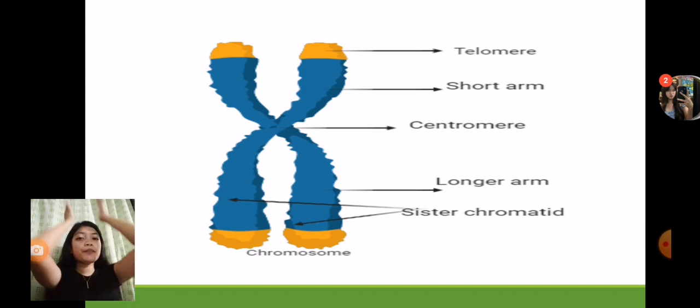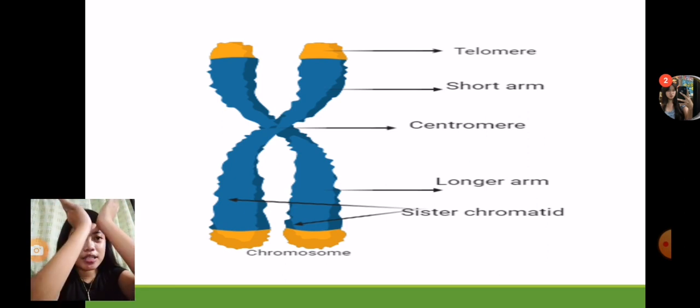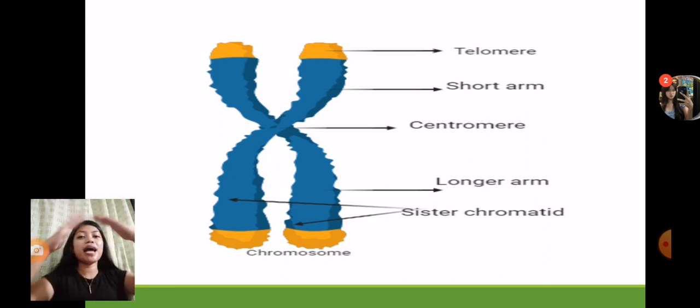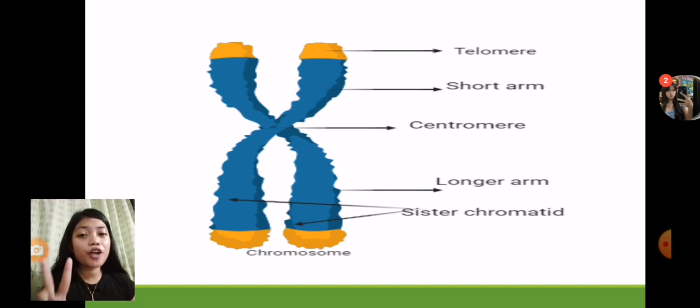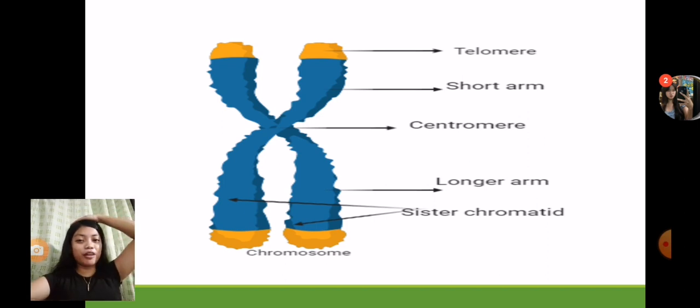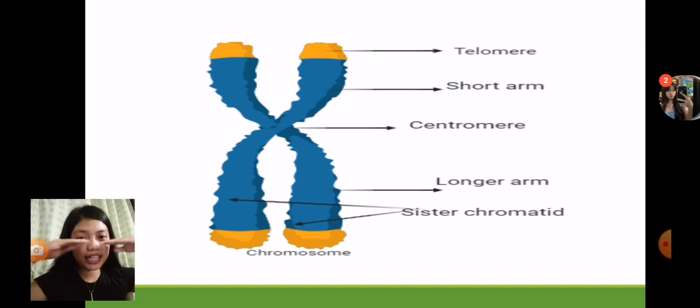While the pinakababaw sa atoang chromosome, it is the short arm of the chromosome, and ang ubos, it is the longer arm. And our chromosome, it is composed of two sister chromatids. So it is composed of duha ka sister chromatids nga naka-cross. Okay? Ang tip, telomere. The center is the centromere.